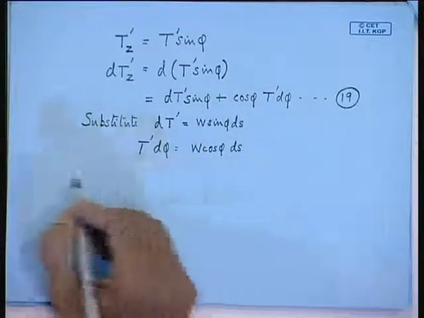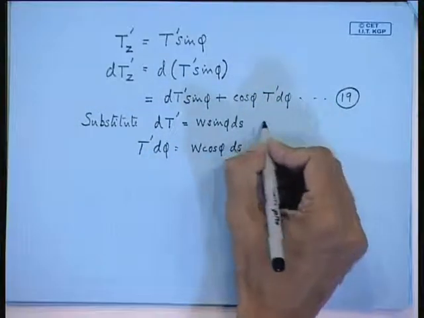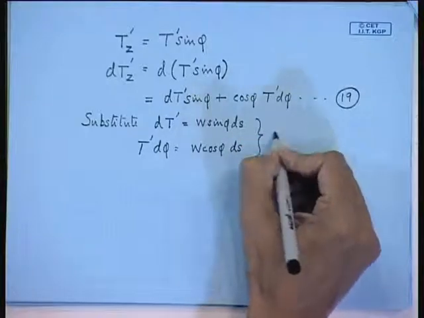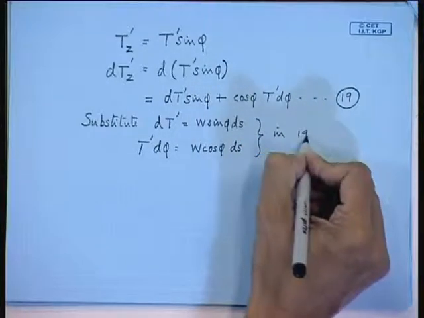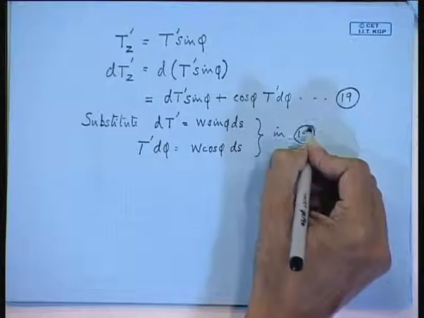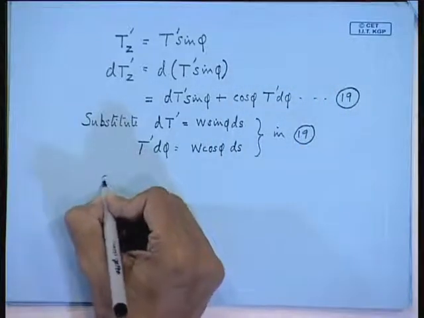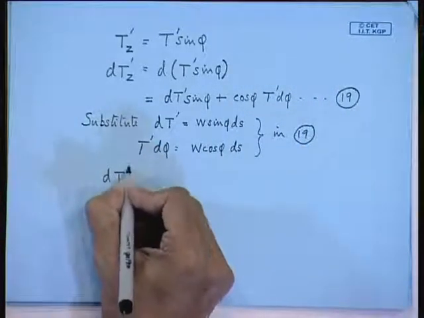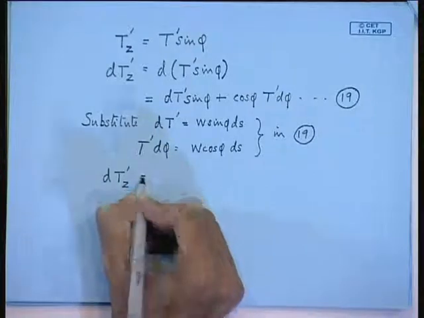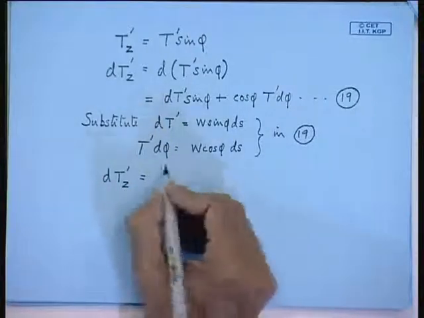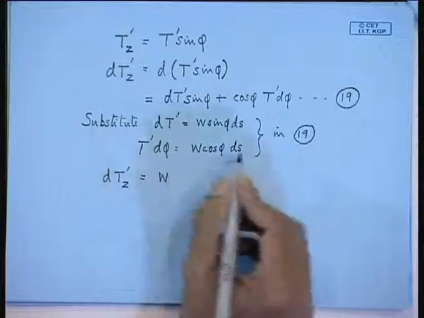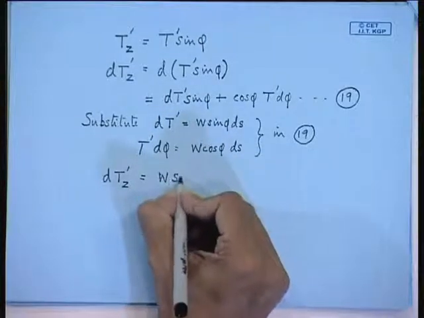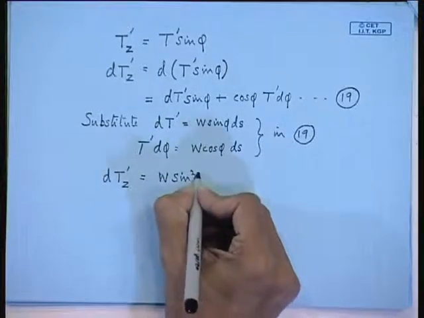So substitute these two expressions in 19, but you will be getting only dT_Z. So the first term becomes W sin square phi ds.